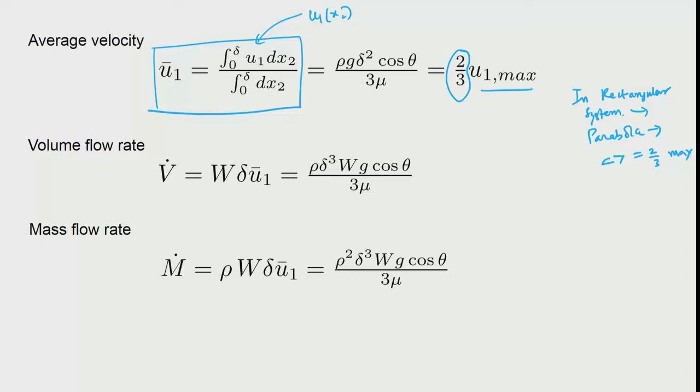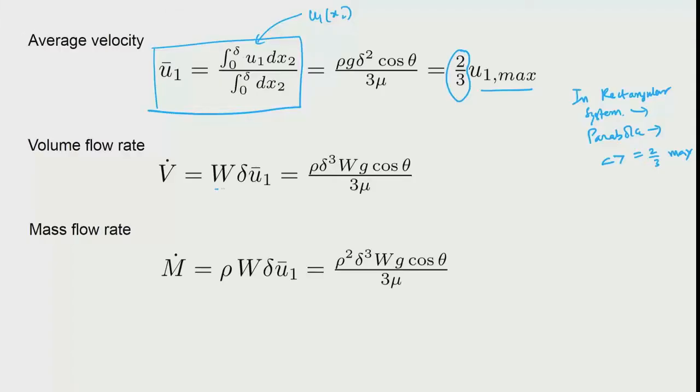The volumetric flow rate is available when we look at the cross sectional area through which the velocity is happening. The cross sectional area is this: this is the thickness of the liquid film, and this is the width, the z direction width of the plate.